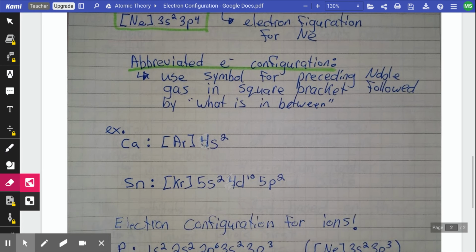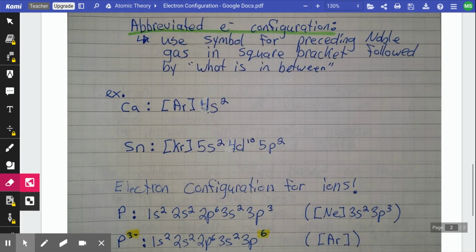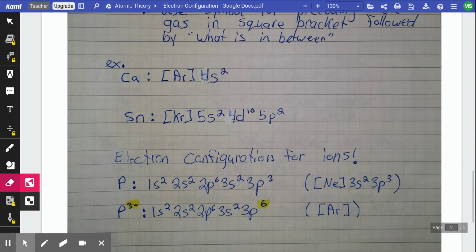And then the last thing, and I don't think the video talked about this, but we're going to look at it quickly, is that you can have an electron configuration for ions. So my example here is phosphorus. The electron configuration for phosphorus is 1s2, 2s2, 2p6, 3s2, 3p3. If we abbreviate it, it's neon 3s2, 3p3. But the phosphorus ion has actually gained 3 electrons.